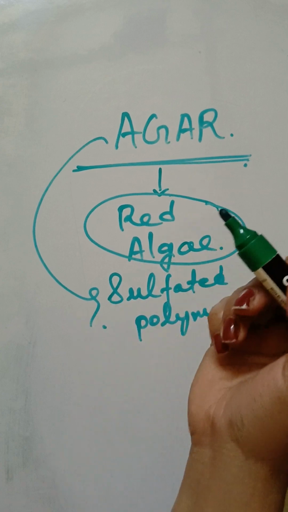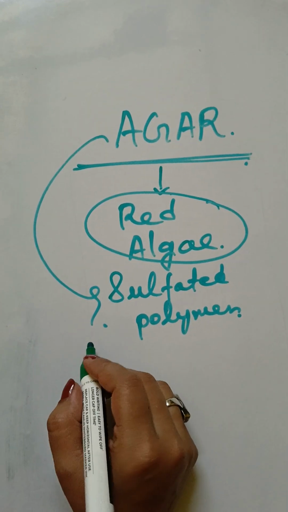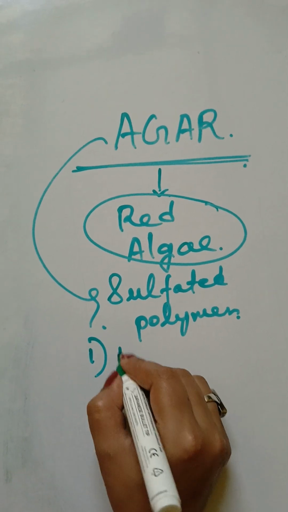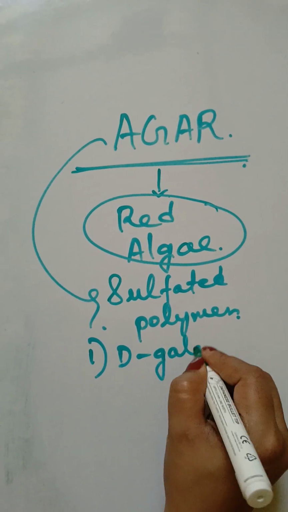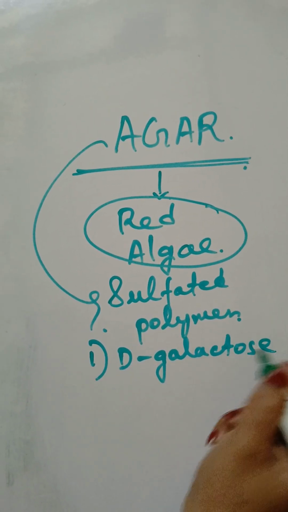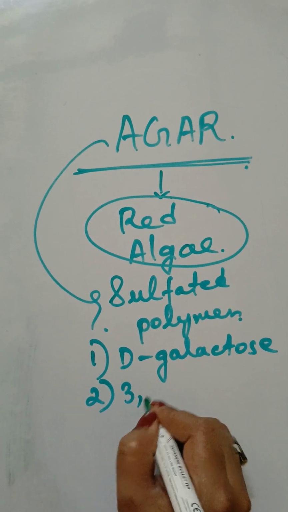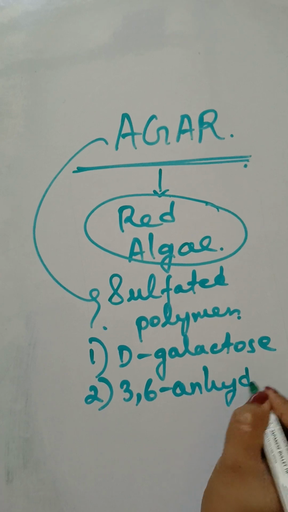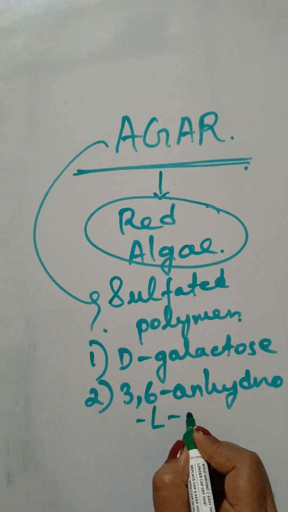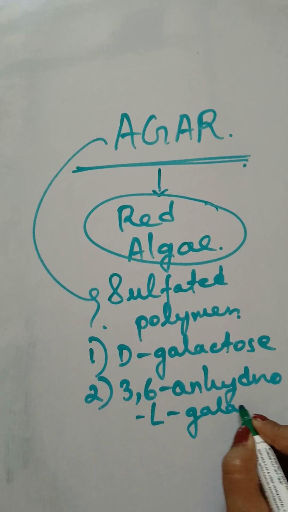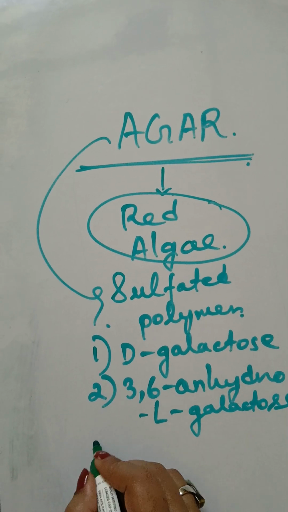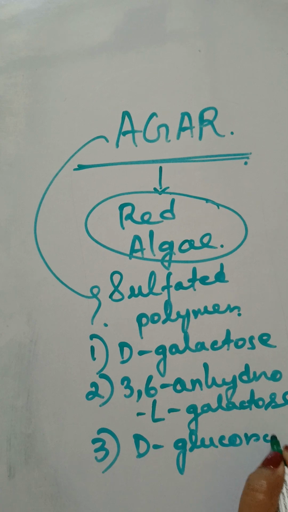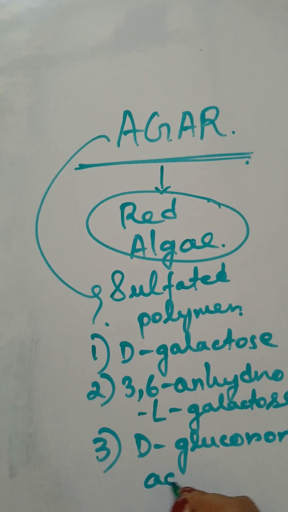Majority is galactose. What kind of sugars are present in this agar? One is D-galactose. Number 2 is 3,6-anhydro L-galactose, and the third one is D-glucuronic acid.